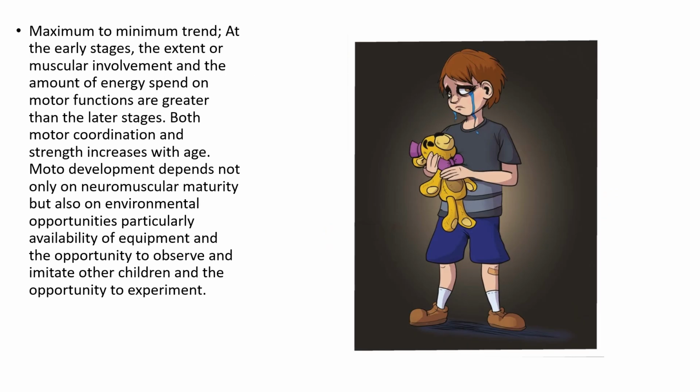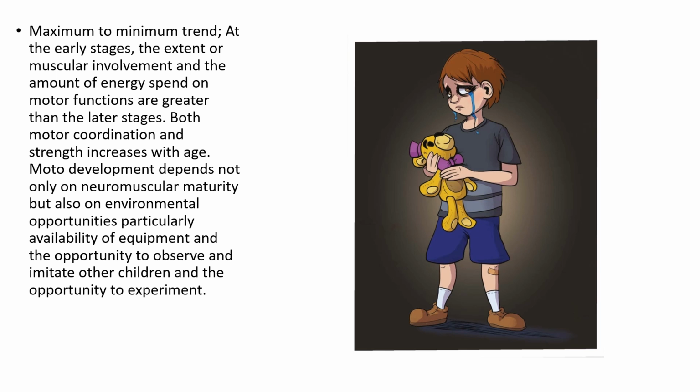One more principle is the maximum to minimum trend. At the early stages, the extent of muscular involvement and the amount of energy spent on motor functions are greater than at the later stage. As I told you before with the mass to specific trend, the maximum to minimum trend works just like that.